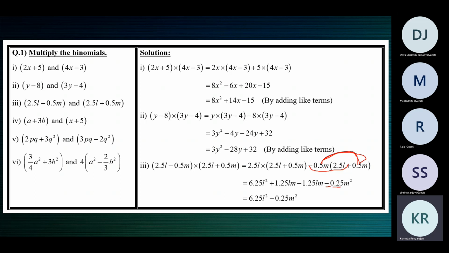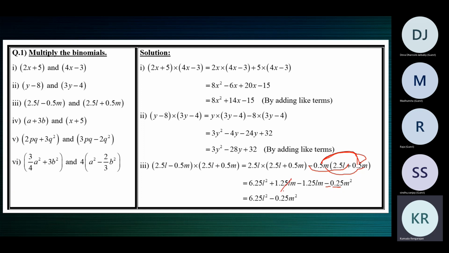Then multiply the letters. M into M is M square. So there are three stages. First multiply the signs, then the numbers, then the letters. The two terms will have the signs before them. Multiply those signs and write the answer. Then multiply the numbers, then the letters.